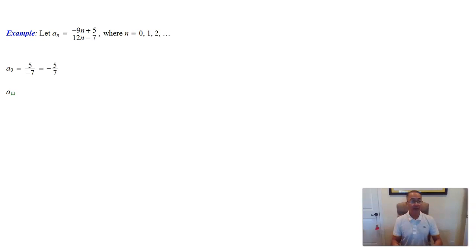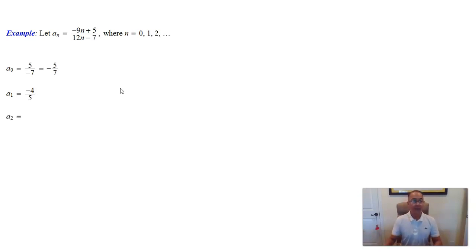All right, what is a sub 1? Now we plug in 1, and we will get -9 plus 5, so that's -4, divided by 12 minus 7, so 5. So we will get -4/5.